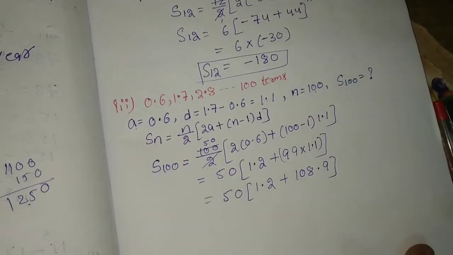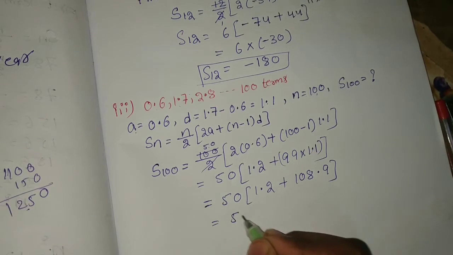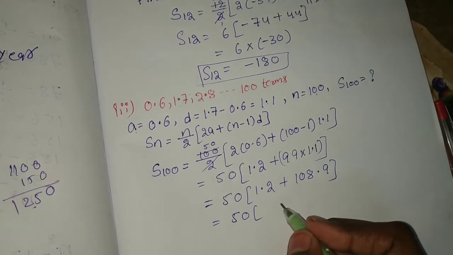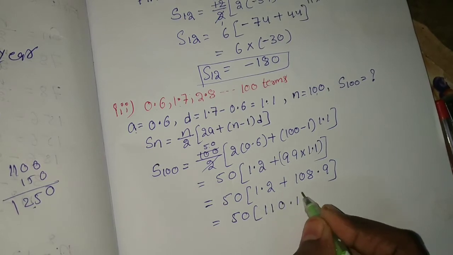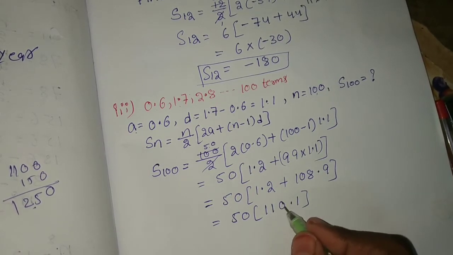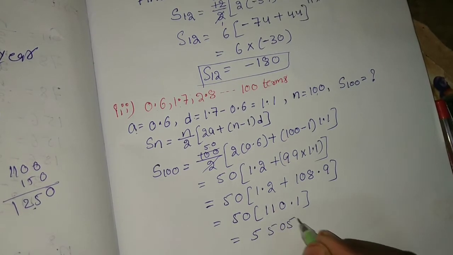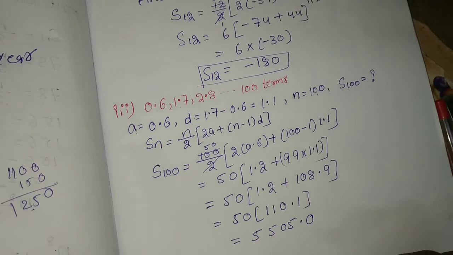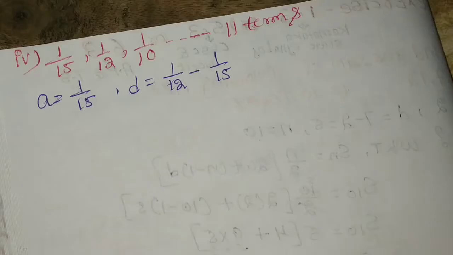These are the basic maths you must do. Okay. 50 into 1.2 plus 108.9, we get 110.1. Multiply this 110.1 into 50, we will get 5505.0. Understand?